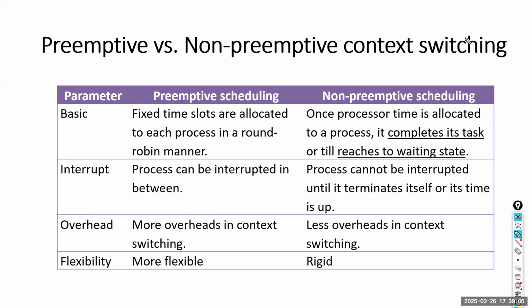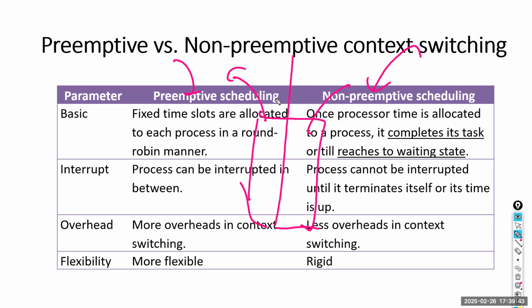Some OSs prefer to do non-preemptive context switching. And most of the time, operating systems use a mixture of these. For some processes, it uses preemptive. For some other processes, it gives non-preemptive switching. So again, you can draw a line and say these OSs are preemptive, these OSs are non-preemptive. And most of the time, modern OSs treat some processes in a preemptive manner and some other processes in a non-preemptive manner. It depends on the programs and so on.